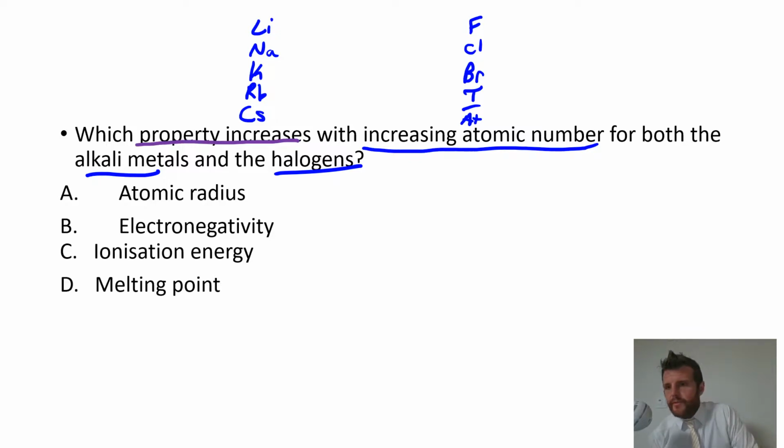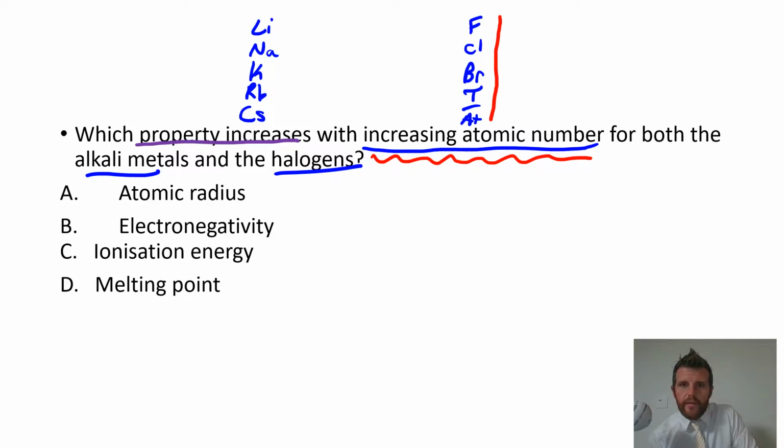The trick is that if the atomic number is increasing, that's a fancy way of saying fluorine to chlorine to bromine to iodine to astatine. In other words, they're just asking us as we go down a group, so as we go down the periodic table, which property increases with atomic number for both alkali metals and halogens?